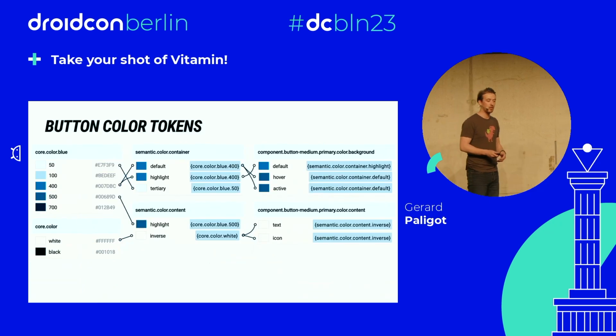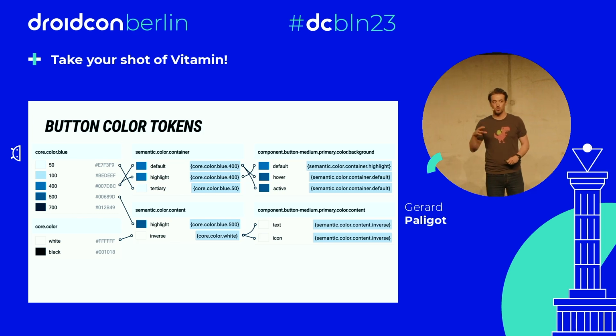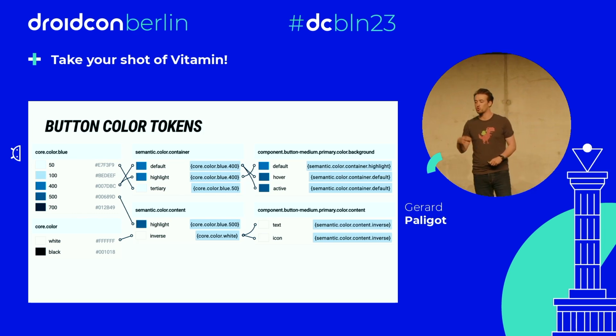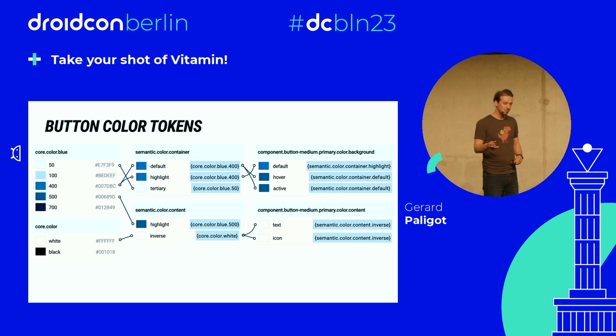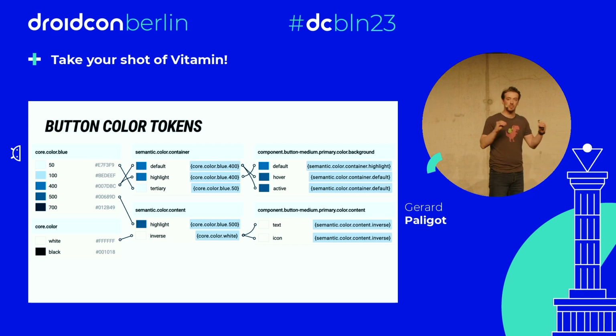For example, here I have the button color tokens in three categories. I have core tokens, semantic tokens, and component tokens about colors, but I have the same thing for spacing, for typography, etc. And I can make associations between all of these tokens.